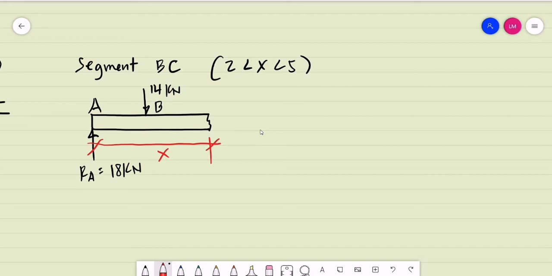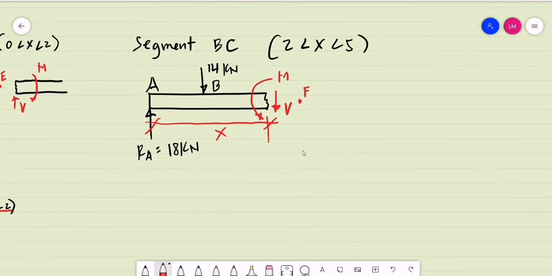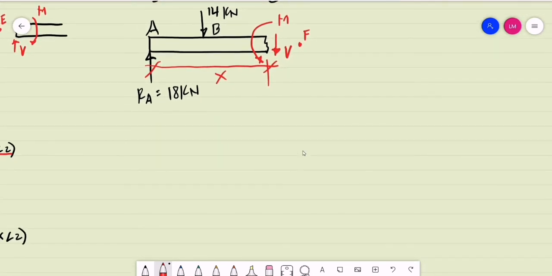If we compute for the internal reactions, we have the shear on the left side downward, and a counterclockwise moment M. Let's say this cut section is point F. How do we determine the magnitude of the shear for this segment?